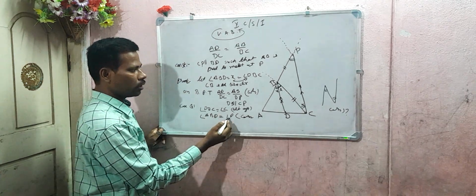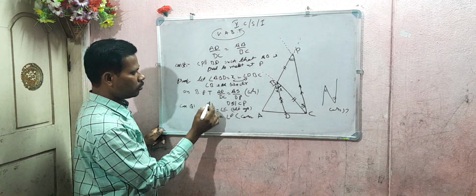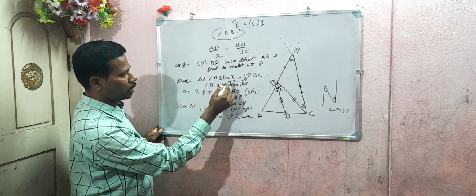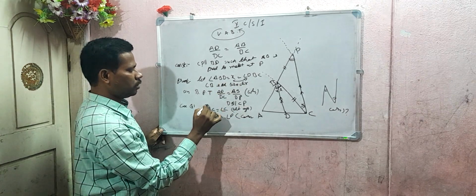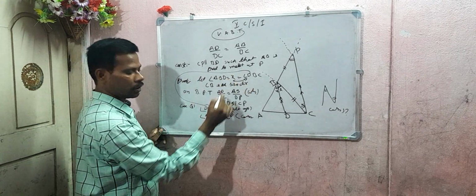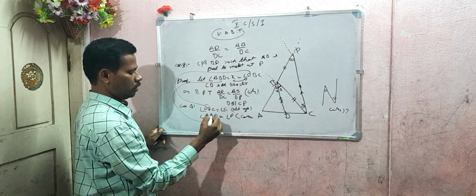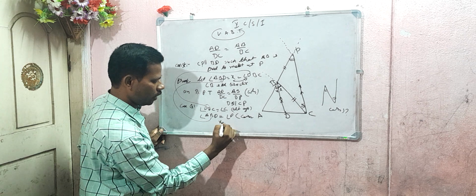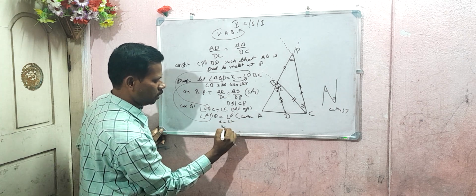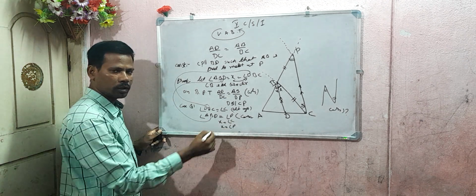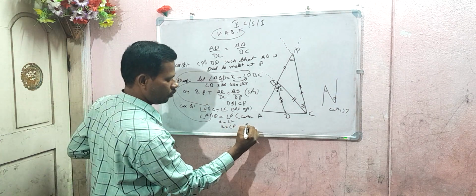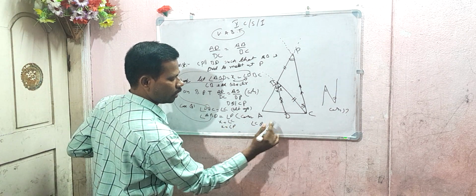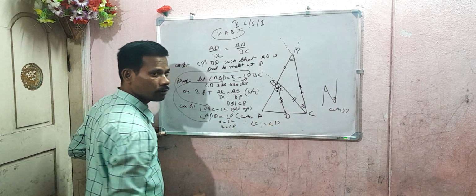Angle DBC is x, and ABD is also x. So that means x is equal to angle C, x is equal to angle P. x means some angle like that. So therefore angle C is equal to angle P.